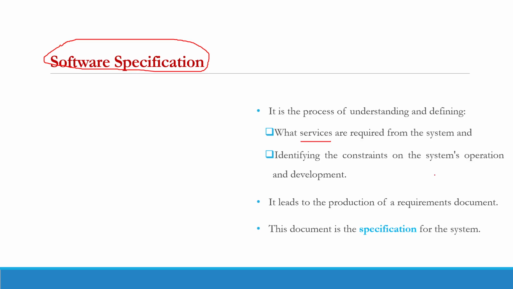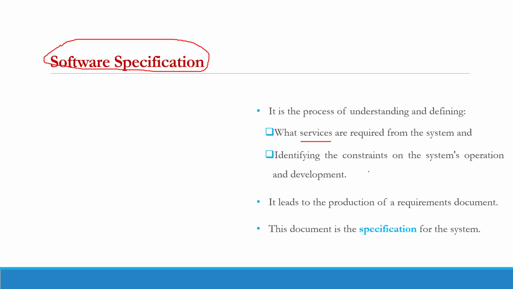Don't forget that system service means at the end of the day the system will provide a certain functionality. So we will define what the services of the system are. Also, during software production there are different kinds of constraints. For example, as we said previously, organizational constraint, schedule constraint, and financial constraint.